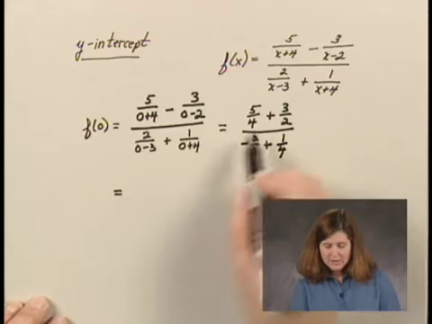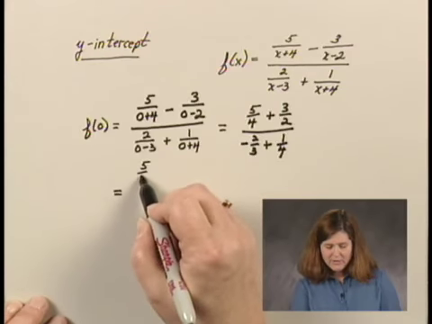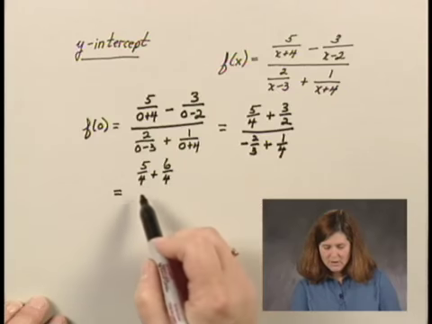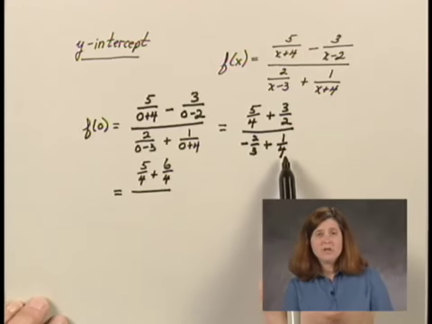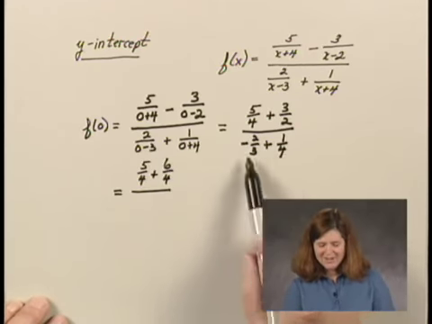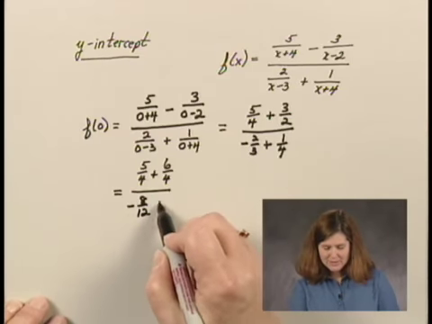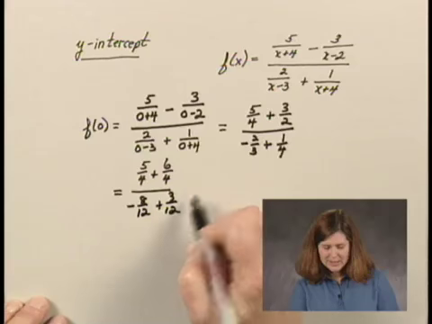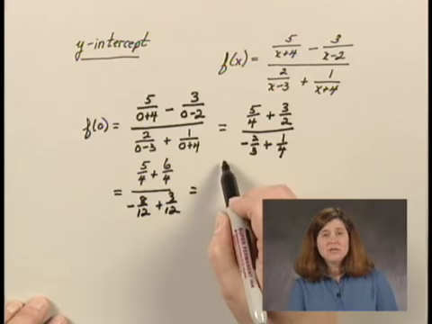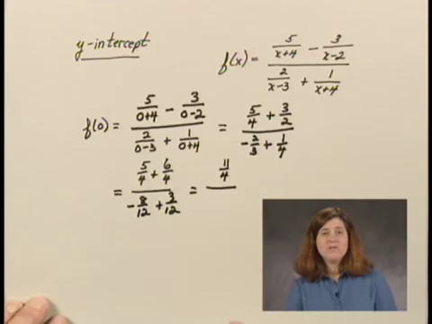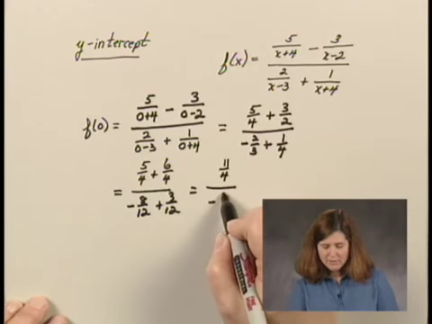Getting common denominators, I have 5/4 plus 6/4 all over, and the common denominator in the denominator here is 12, negative 8/12 plus 3/12, and that gives me one fraction in the numerator, 11/4, over one fraction in the denominator, negative 5/12.